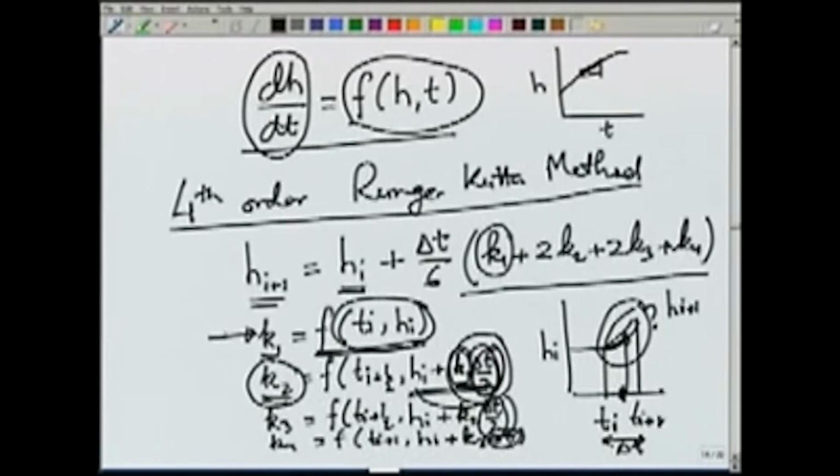So, what these k1, k2, k3, k4 represent are estimates of slope of the head versus time curve at different times. k1 at the time t i, k2 and k3 at the time t i plus half, and k4 at t i plus 1.